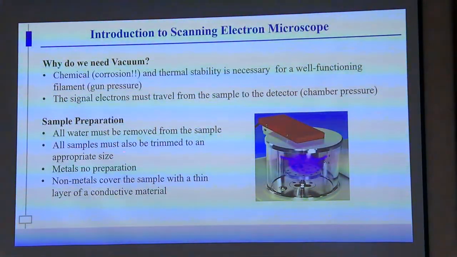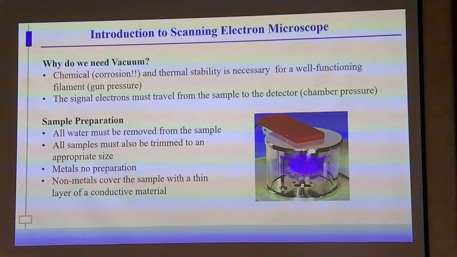Sample preparation is very straightforward. First, water must be removed. Second, the sample must be trimmed to an appropriate size, because depending on the setup, you can have samples from about 1 centimeter square, but maybe not wider than that.